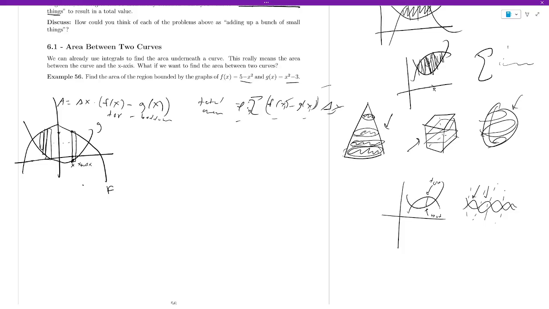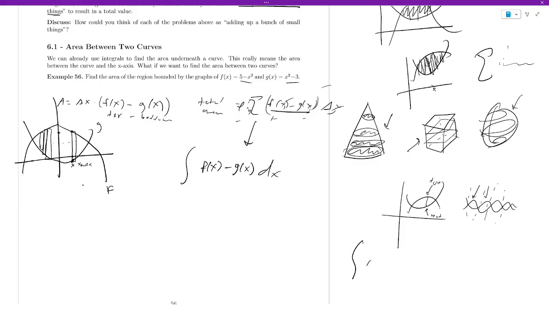We could go through the details of doing it that way, but the upshot is that we already know what a Riemann sum does. It creates a definite integral, and the function inside our integral is going to turn out to be just the area of one of these rectangles. So let's do f of x minus g of x.